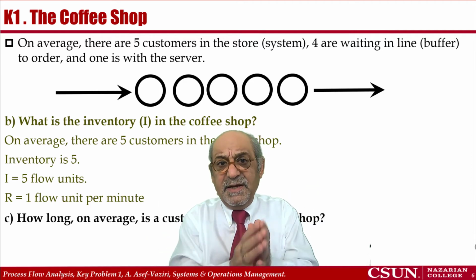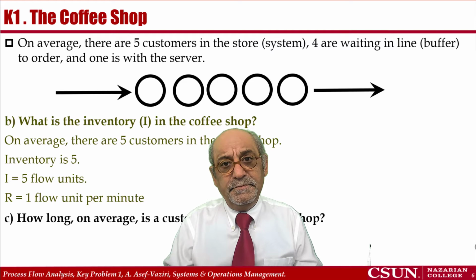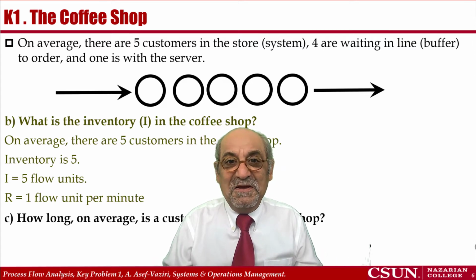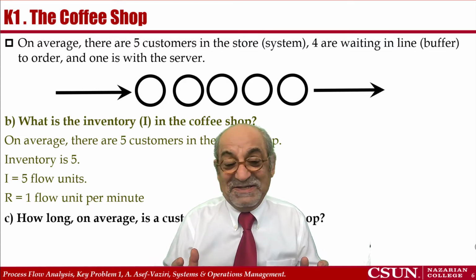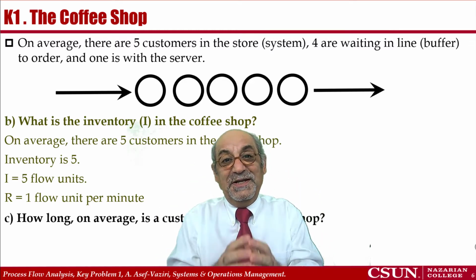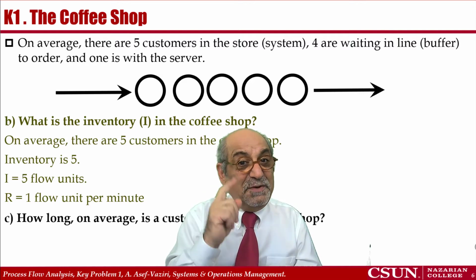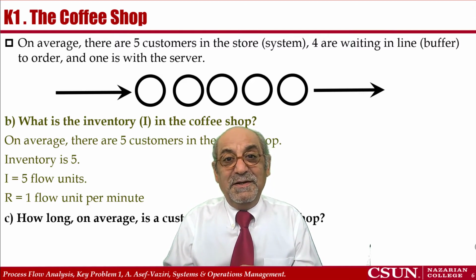How long does it take on average for a customer to go out? Very simple, the same as what we discussed before. It's a container with 5 molecules, emptied at a rate of 1 molecule per minute.